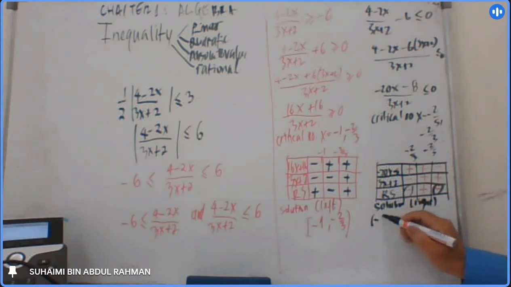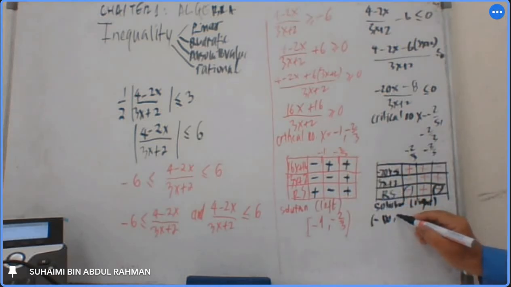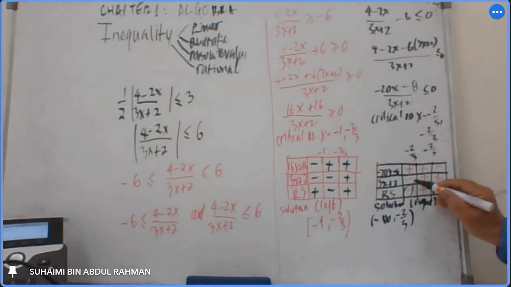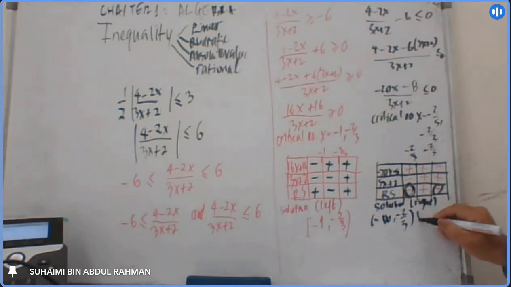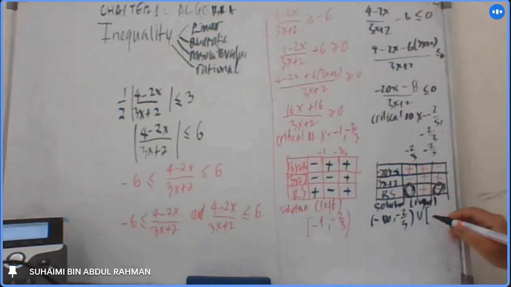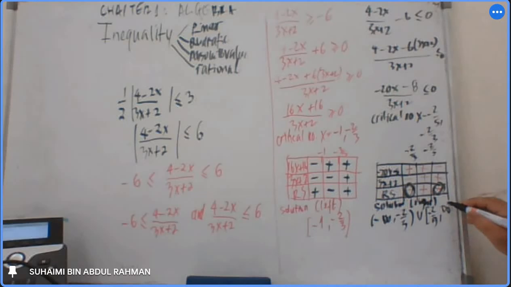One part from minus infinity until minus 2 over 3, not including, this negative part, union with this part, minus 2 over 5, which is included, until infinity.